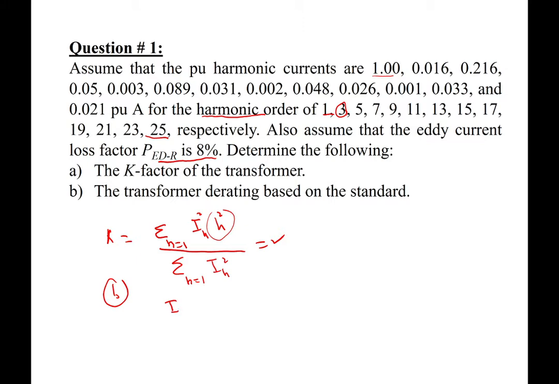So we know that the root mean square current for the derated transformer is given as the square root of 1 plus the eddy current loss factor, divided by 1 plus the eddy current loss factor multiplied by K. That will give you the transformer derating, since it supplies those harmonics.